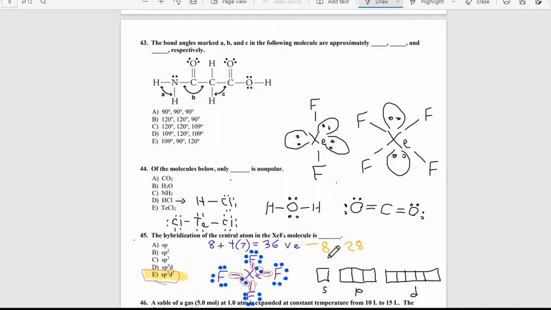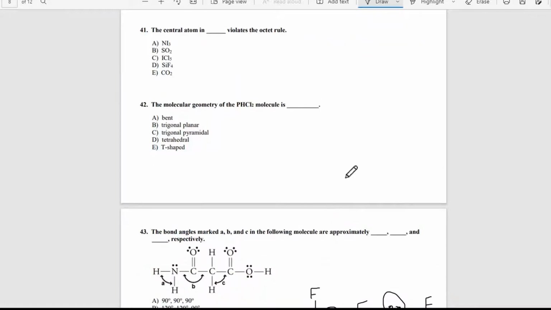Yes? I've seen another one like that, but it was like 3 or 4 atoms. Like which one? It was like 3 or 4 atoms around here. Oh, okay, like something like this.